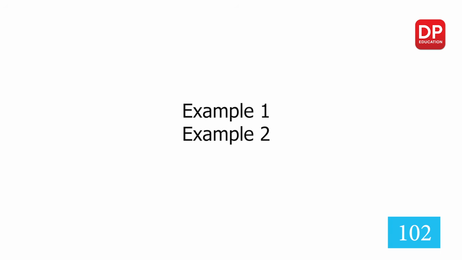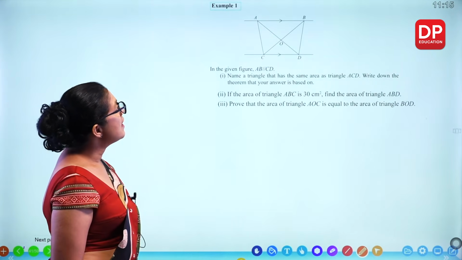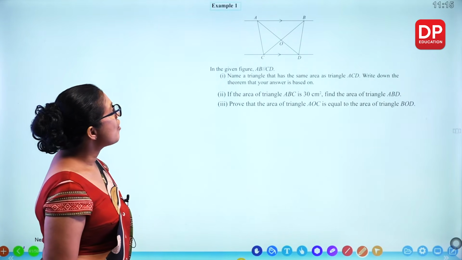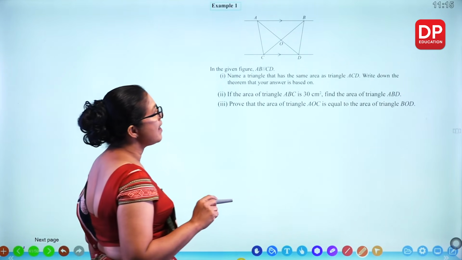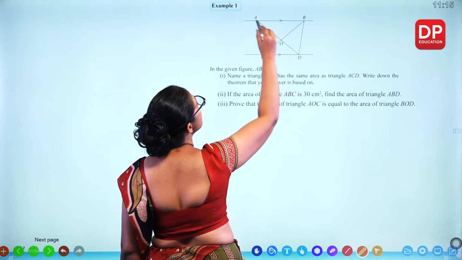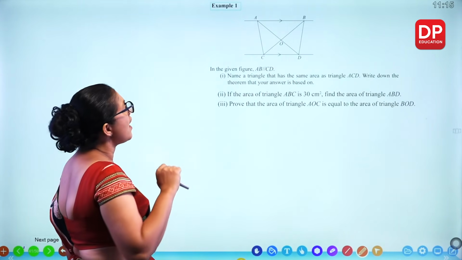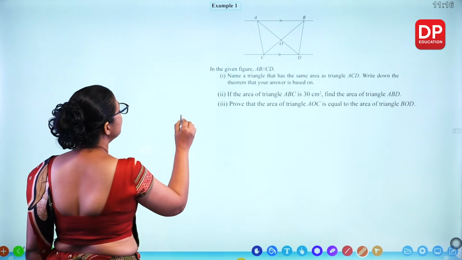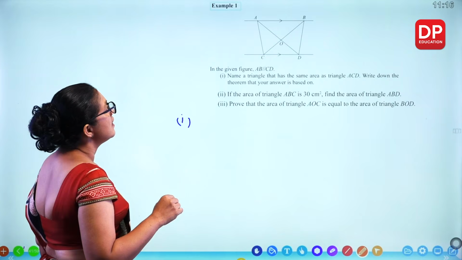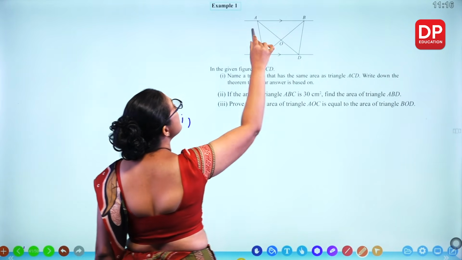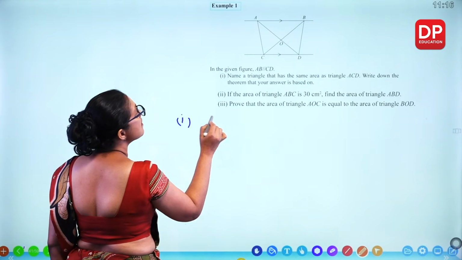Example 1 in your textbook. In the given figure, AB is parallel to CD. Name a triangle that has the same area as triangle ACD. ACD, this one. Write down the theorem that your answer is based on. So what's the first part? ACD is same as which one?